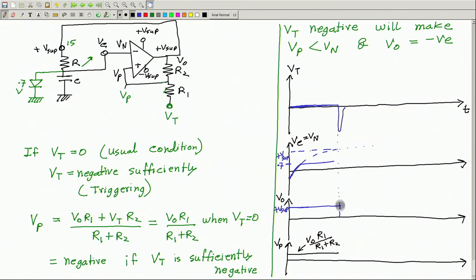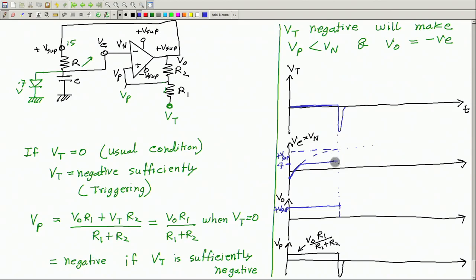Now, here in this region V t is negative. So, V t negative means it will make V p also negative, okay, for this brief period. If this is negative, this will also become negative because of this expression. This is negative, so this is negative. Now, if this is negative, then you see V n was here.